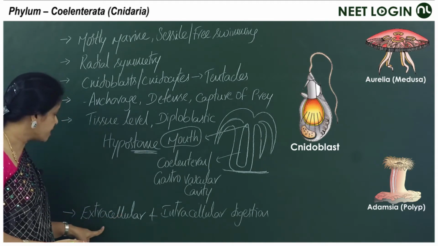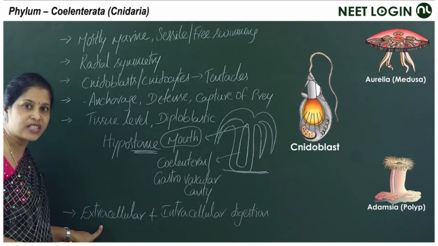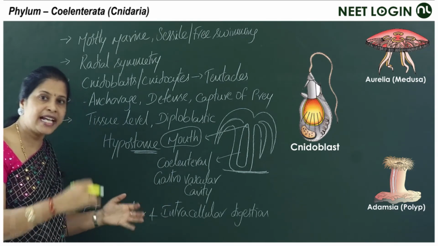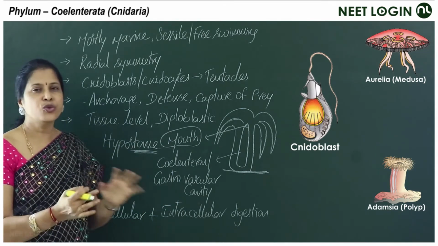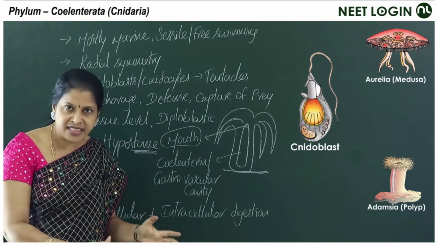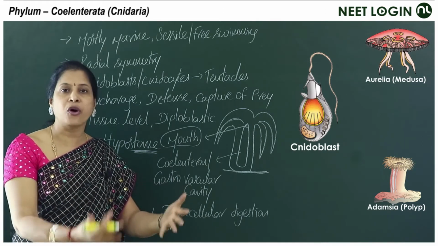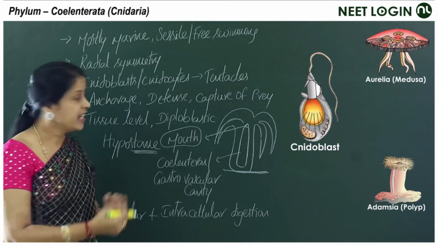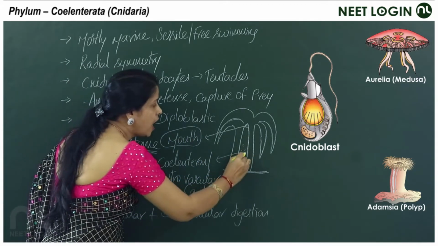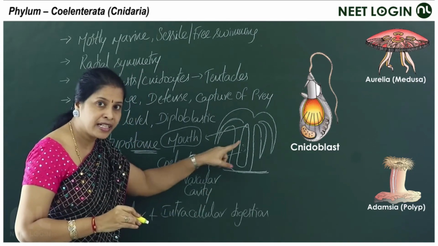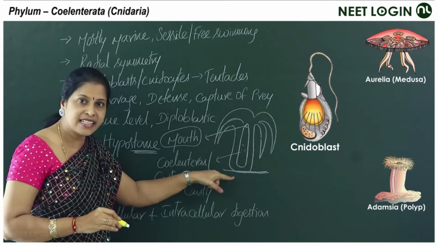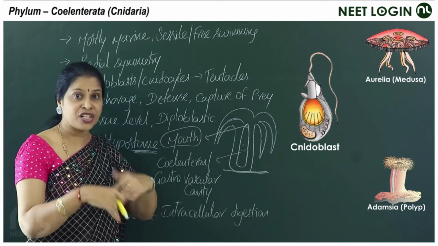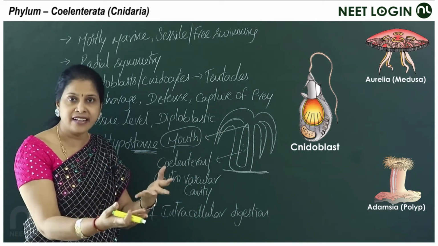Moving on to the next point regarding its digestion, it shows both extracellular digestion and intracellular digestion. Students will get a basic doubt, ma'am, when are we supposed to call it extracellular and when is it called intracellular? If digestion occurs outside the cell, namely in the cavity like the coelenteron, it's called extracellular digestion. Extra, outside, cellular, cell.